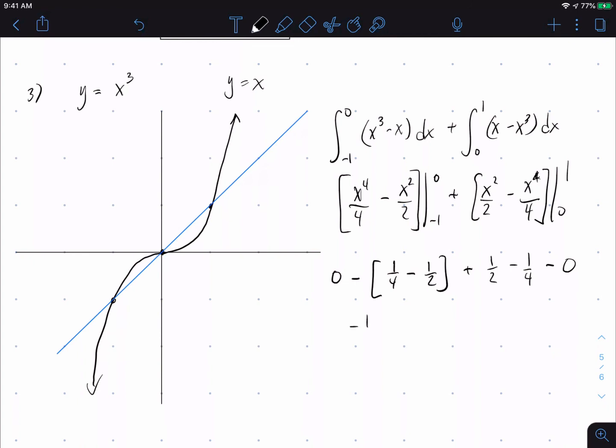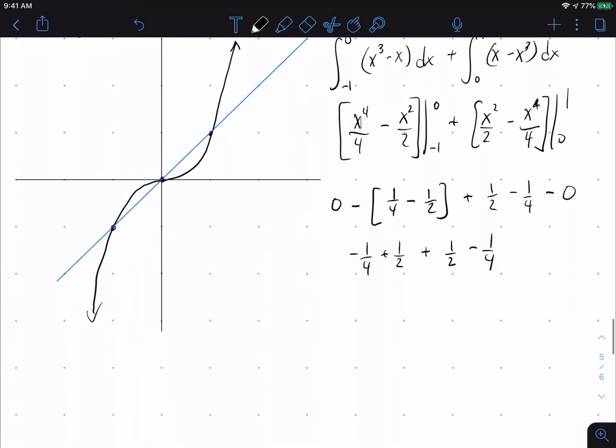And so that's going to give me a -1/4 plus 1/2 plus 1/2 minus 1/4, which is going to give me 1 minus 1/2, which gives me 1/2 units squared.